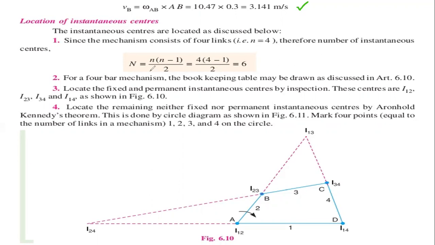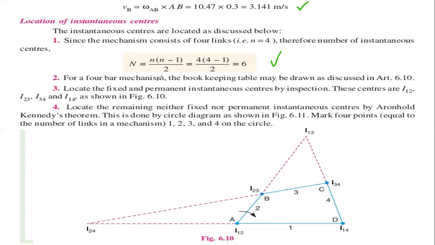Therefore, the number of instantaneous centers is N equal to N into N minus 1 by 2, that is 4 into 4 minus 1 by 2, that is total 6. So in total, 6 instantaneous centers have been located.